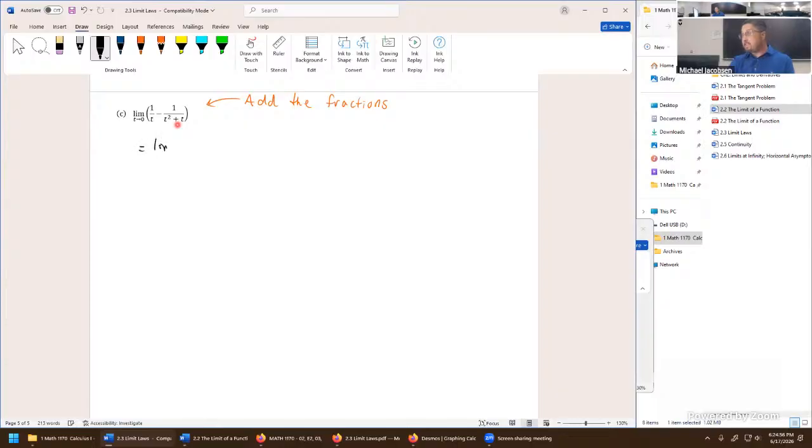So we can rewrite this as the limit t goes to 0 of 1 over, let's make this one a little bit bigger as a denominator, 1 over t with the placeholder there, minus 1 over t times t plus 1.